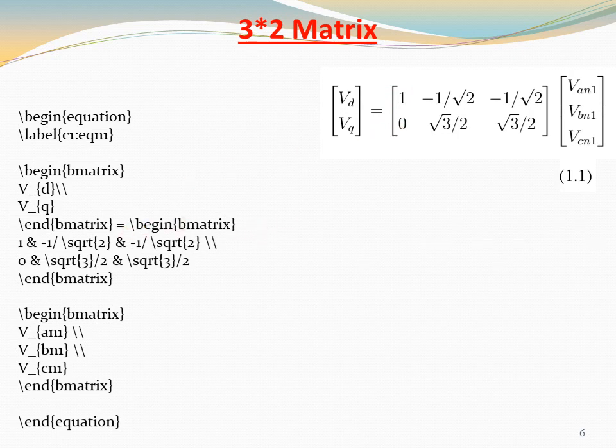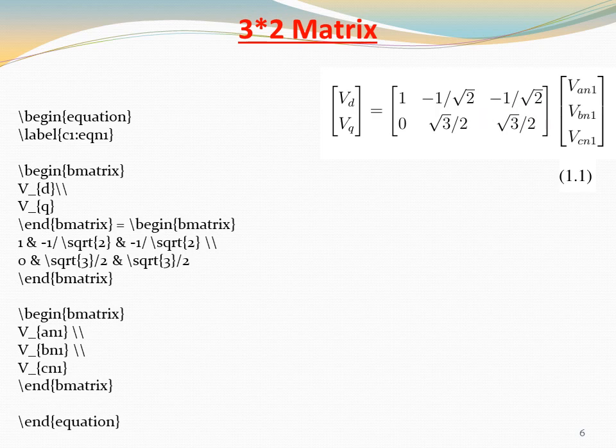Now the values are 1 ampersand minus 1 over square root of 2 ampersand minus 1 over square root of 2. Now the two backslashes, then the next values are 0, square root of 3 by 2, and ampersand, square root of 3 by 2, then \end{bmatrix}.